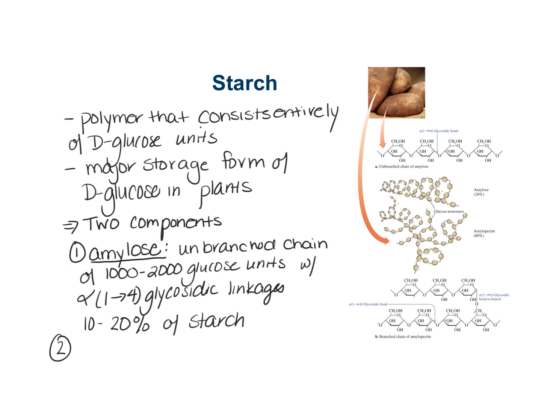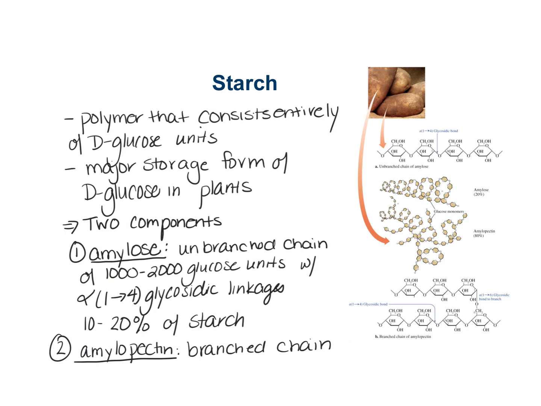Then the next component of starch is amylopectin. When we talk about amylopectin, it's a branched chain. So whereas amylose is linear, now we're branched.